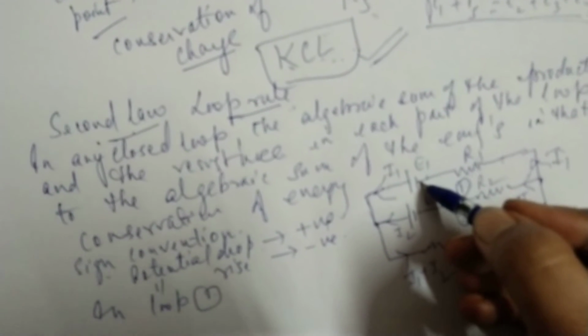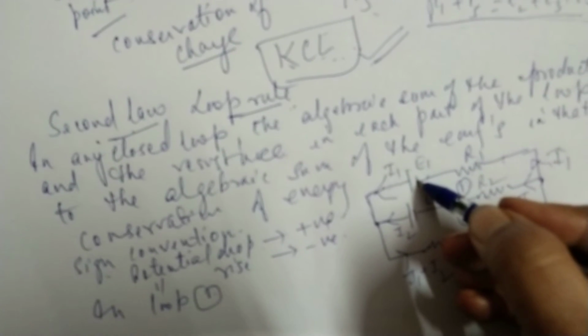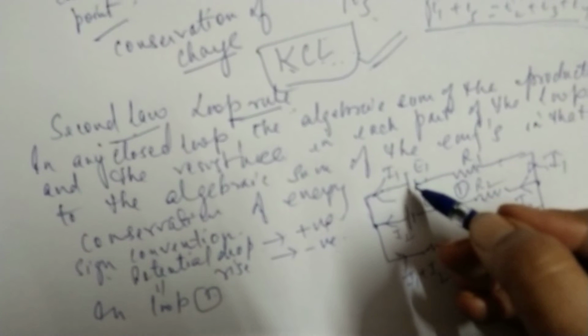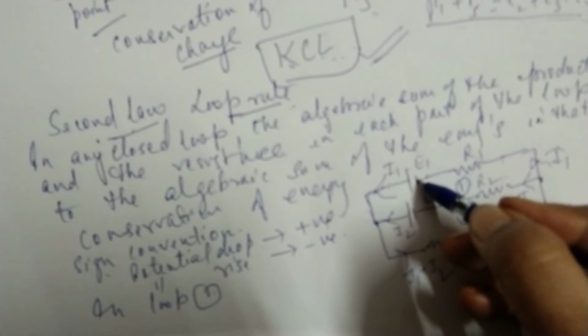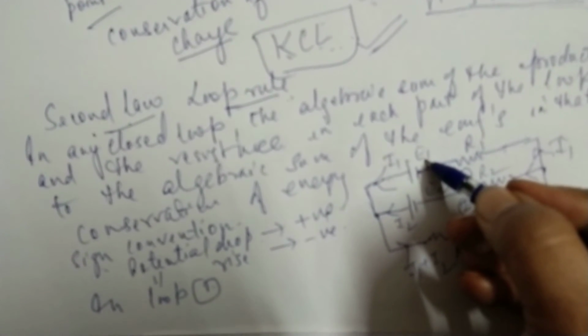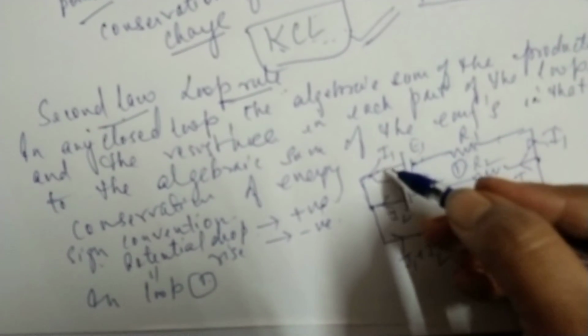Once again I repeat, the small line is the negative terminal, so it is lower potential, and this is the higher potential. So what we find is, when the current is flowing this way, it goes from lower potential to higher potential, so there is a rise. So E1 will be taken as negative. So we have a very general sign convention.